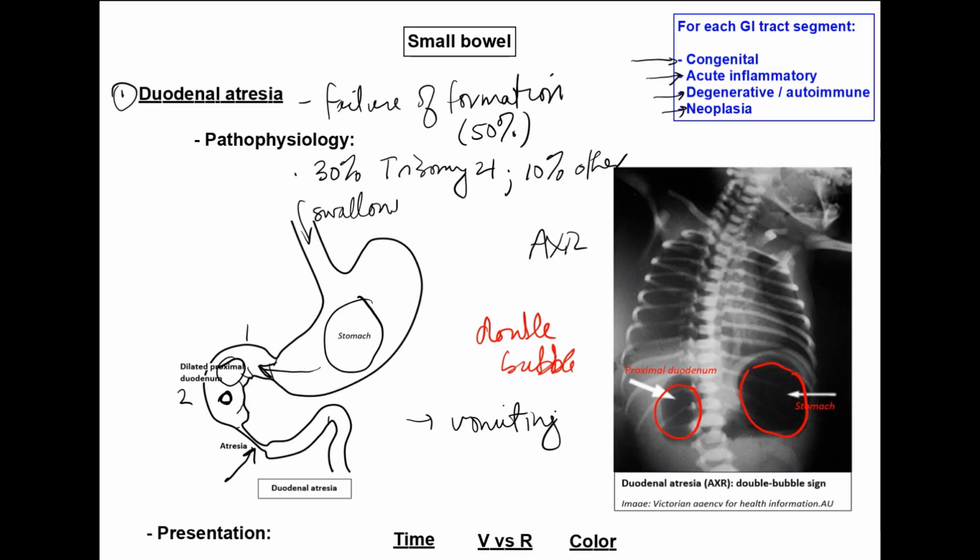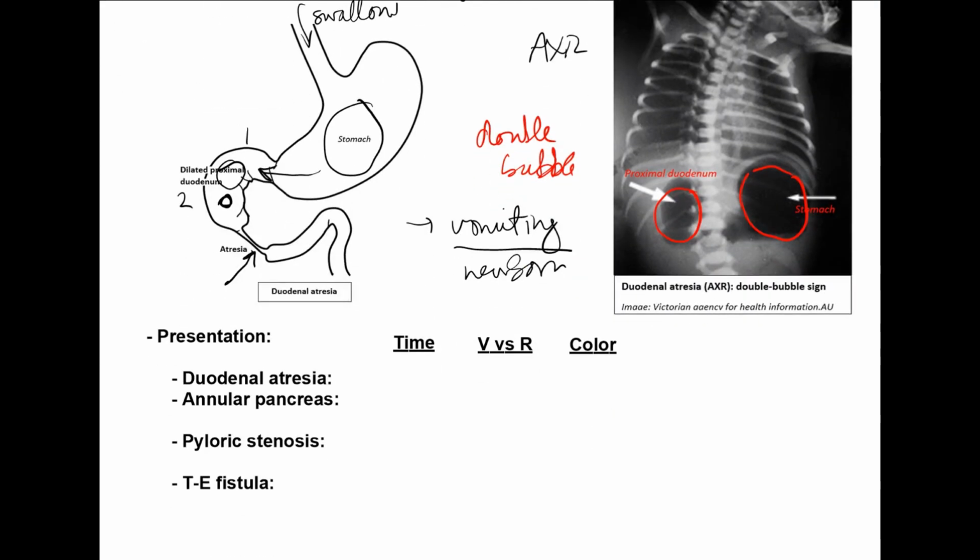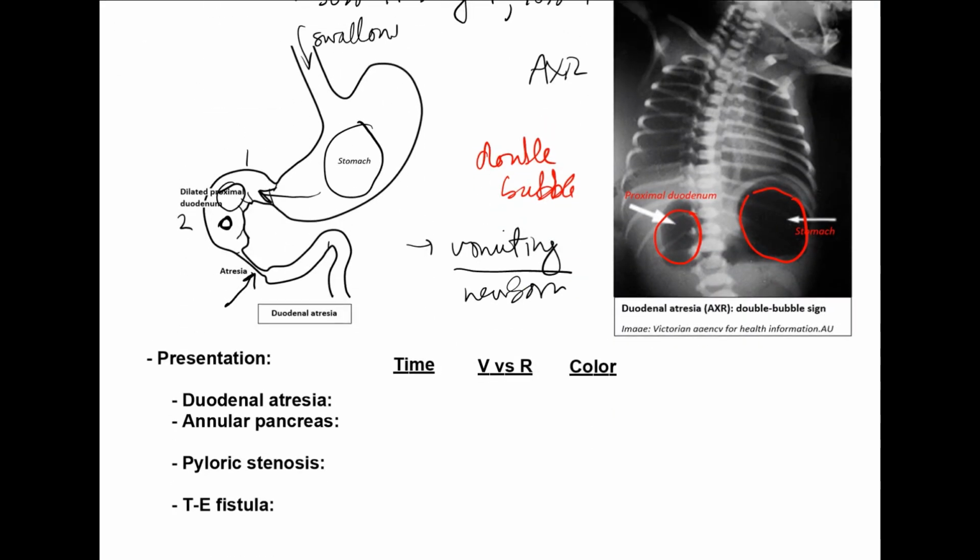This is a useful diagram for thinking about all of the causes of vomiting in the newborn. And there are three that are common enough to lump together. We are discussing here duodenal atresia, but this is going to have the same mechanical effects as an annular pancreas, which constricts roughly the same area.